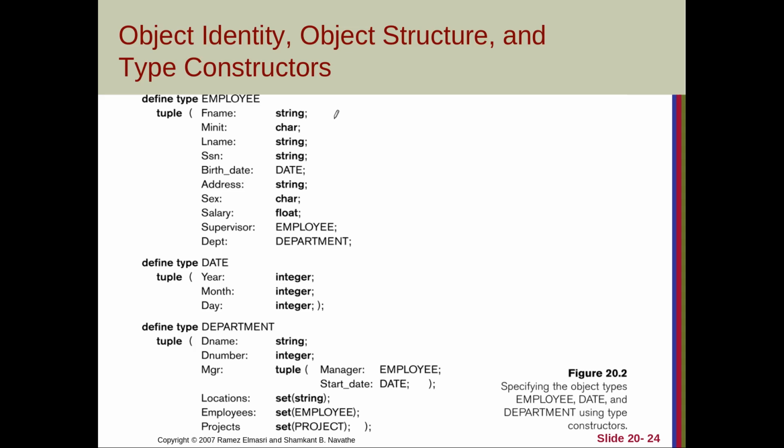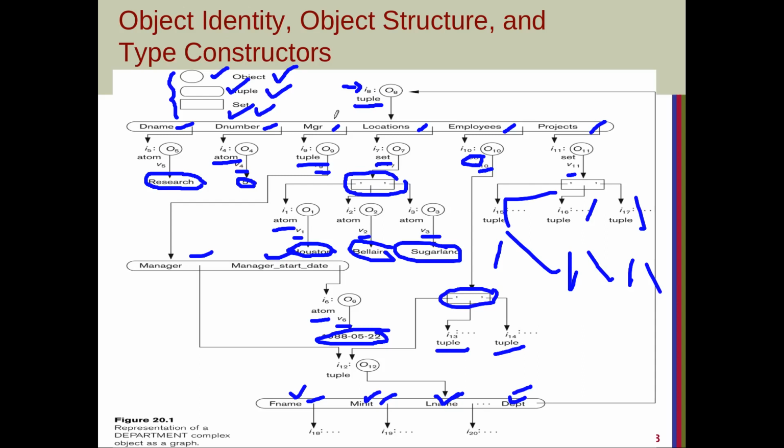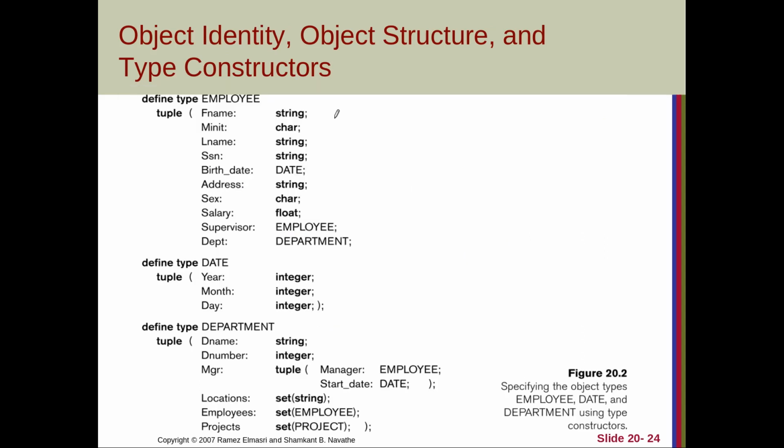Now let us see the basic way in which we need to create an object structure. This was the pictorial representation. Now how can we create this structure in a language format for object databases? If you are familiar with the creation of classes in C++ or Java, in the same way we can create the structure for an object in an object-oriented database. This is not the exact syntax followed in a language.